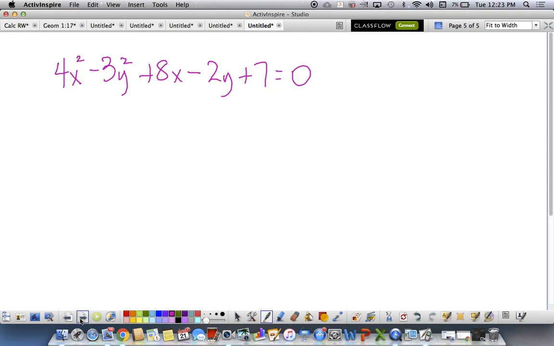You need to be able to identify what shape this is. It is a hyperbola. How do you know? The x squared and y squared have opposite signs. I need you to do exactly what we did with the ellipse.